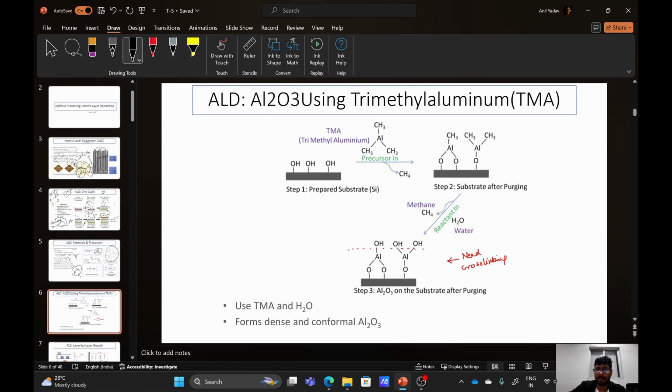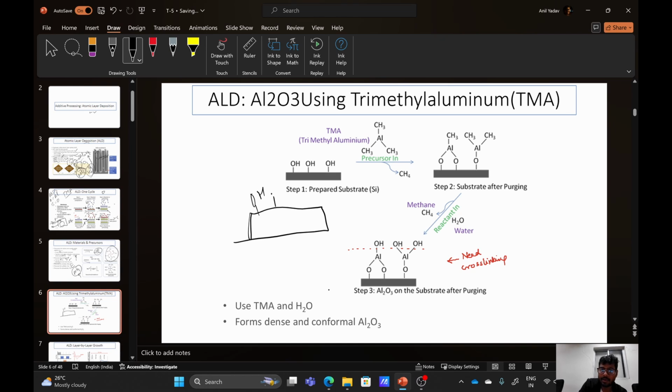So let me show you the ALD deposition of Al2O3 using trimethyl aluminum. In the very first step, this is the substrate, a silicon substrate. On silicon there are always OH bonds.